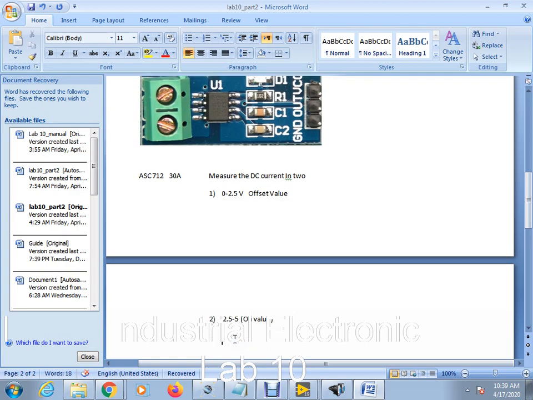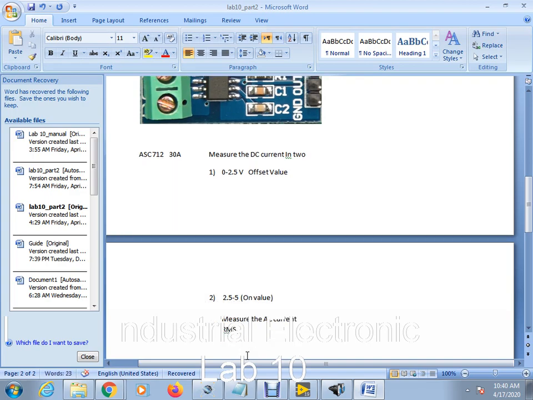It can also measure AC current by using the RMS value, root mean square value.